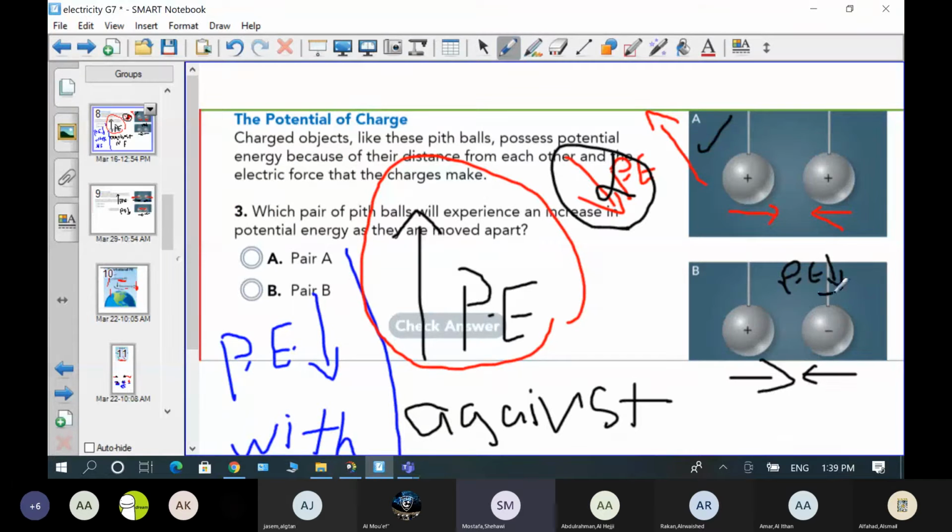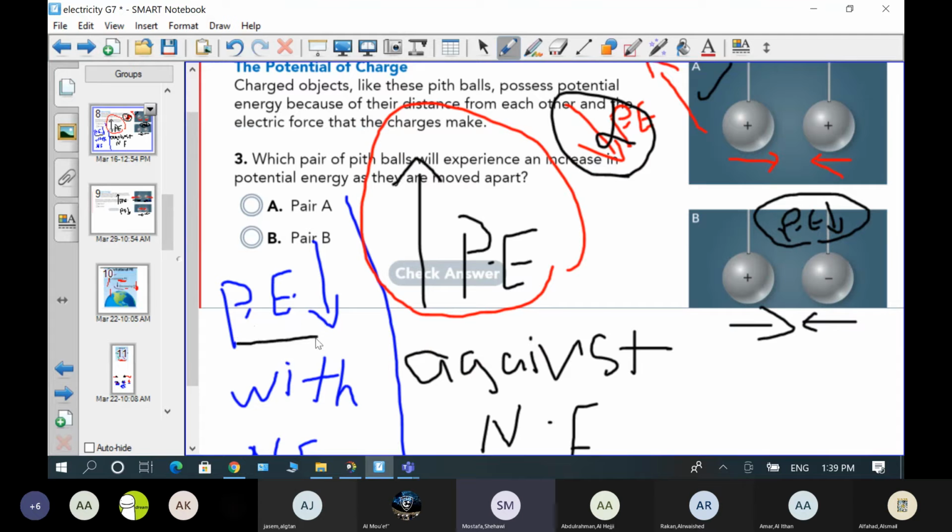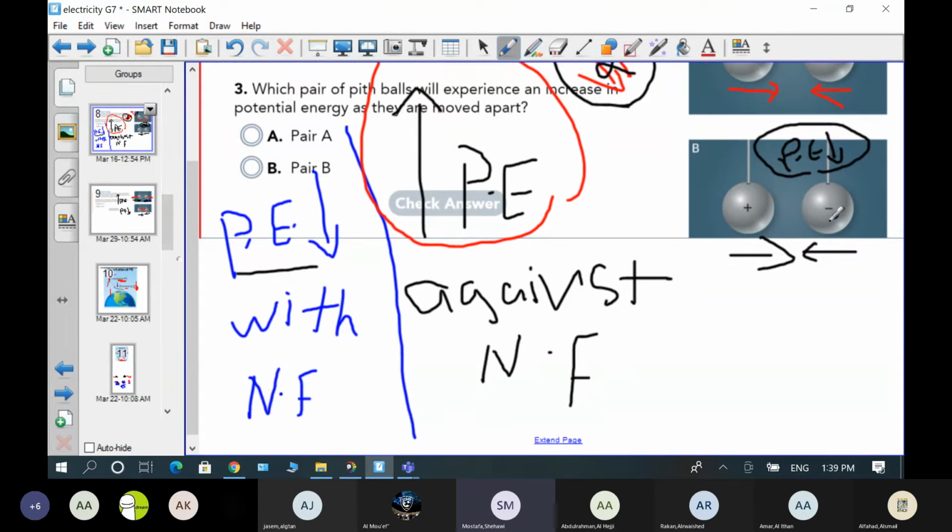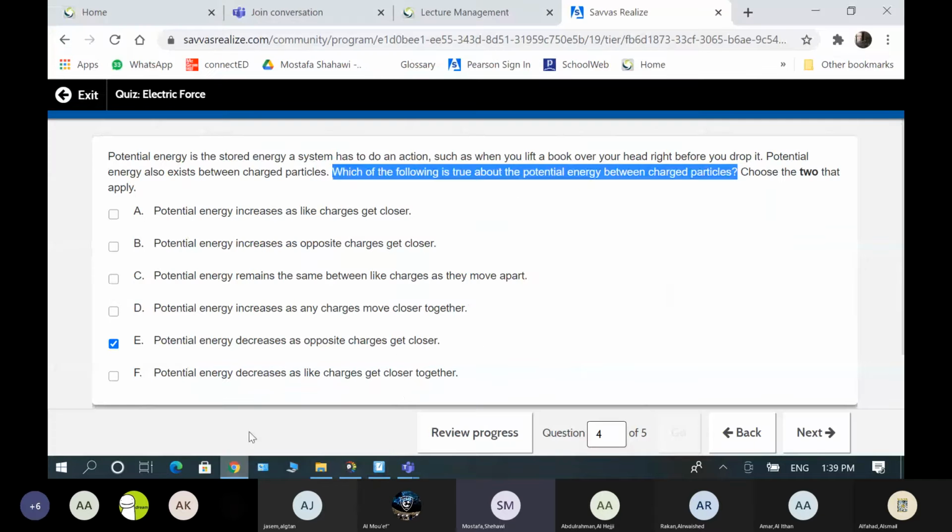We just explained it. Positive and negative are getting closer like this. Potential energy decreases because, as I said, potential energy decreases if you go with natural forces. And here the natural force is the attractive force. They're attracting and you go with it in the same direction, so potential energy will decrease. So that's one answer. E is one answer.